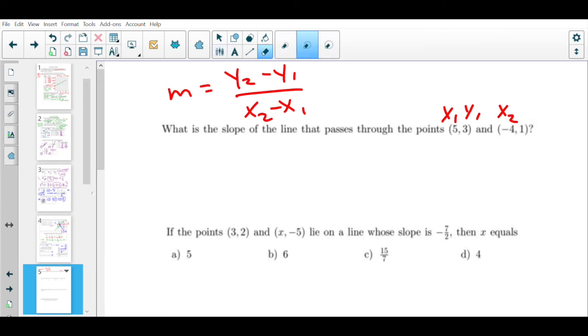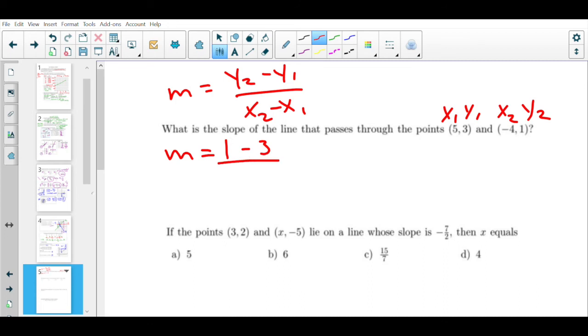So here, m equals y2 minus y1. That is 1 minus 3, over x2 minus x1, -4 minus 5. Okay, that's -2 over -9. The two negatives cancel out, so your slope is 2/9.